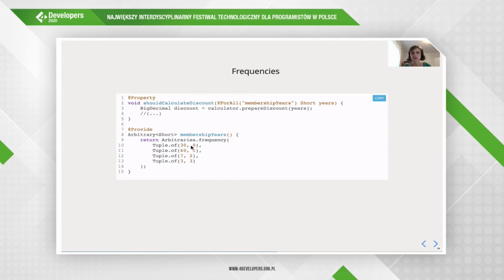So in 30% of the time, the customer is 0 years with us, and in 60% of the cases, they are 1 year with us, and in 7%, they're 2 years, and so on. Those numbers don't have to sum up to 100, but if they do, it's just easier for you. It's a good technique if you know that you have some problematic values in your domain, and that you want to test some values more intensively than others.